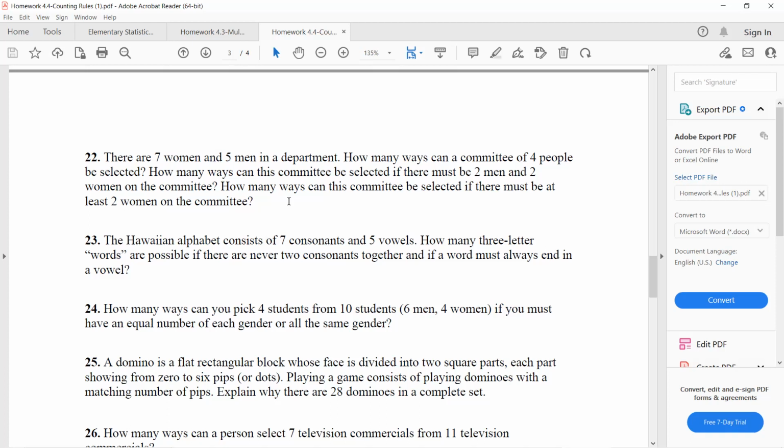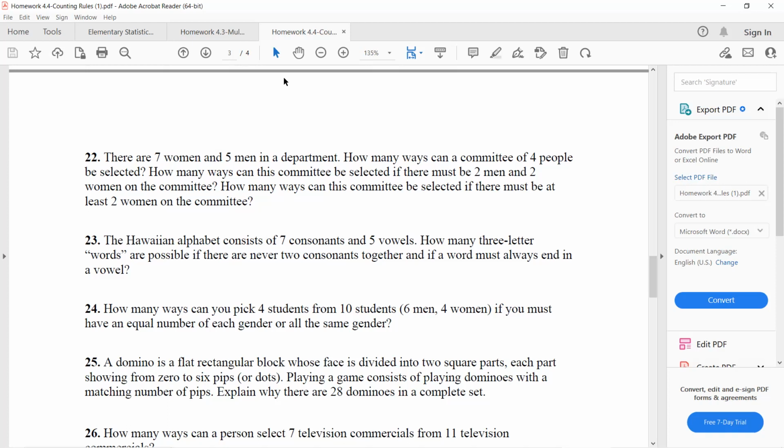How many ways can this committee be selected if there must be at least 2 women? At least 2 women. This is not as hard as it looks, but it's probably one of the harder ones on here, but let's see what we've got.